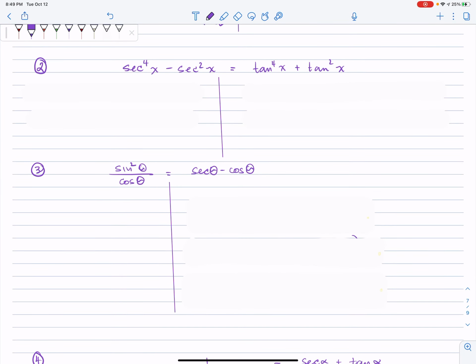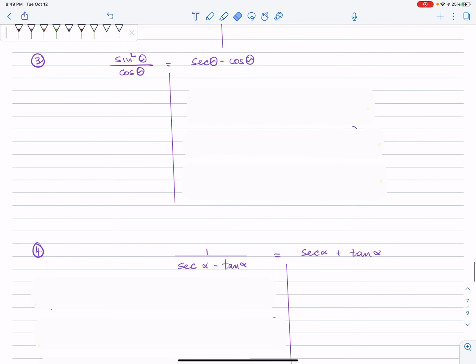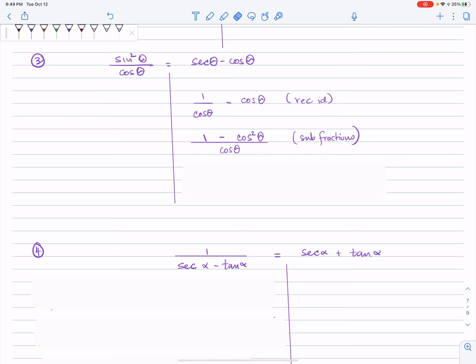Here's example number 2. You might want to pause the video. And uncovering. On this one, I worked on both sides. All right, pause the video again for example number 3. And you're back, so let's go ahead then and uncover. And again, I've placed my reasons there so that hopefully you can see what I've done.